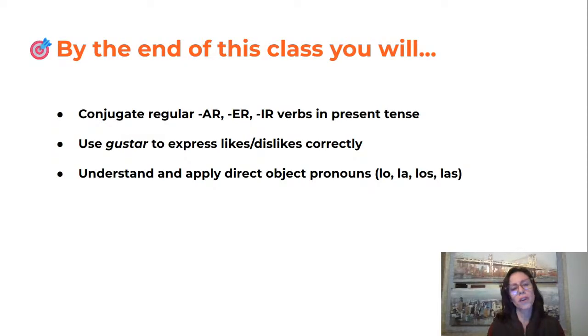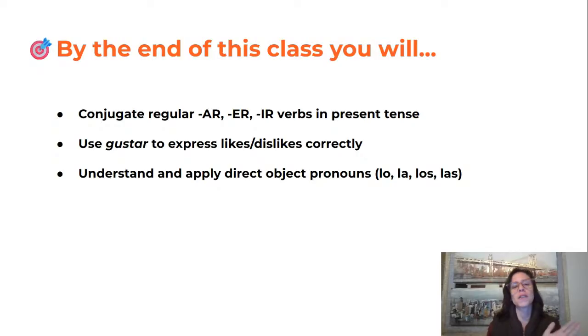But first of all, we have the objectives of today's class. By the end of this class, you will, first of all, conjugate those regular verbs. Well, this is a general goal, because, of course, in the last class we dealt with this. Today, we will focus just on the verb gustar.